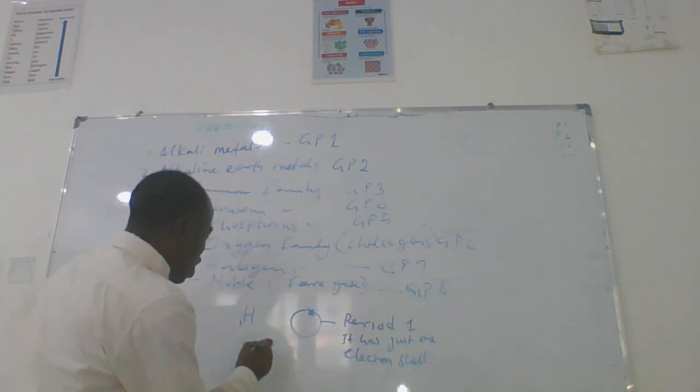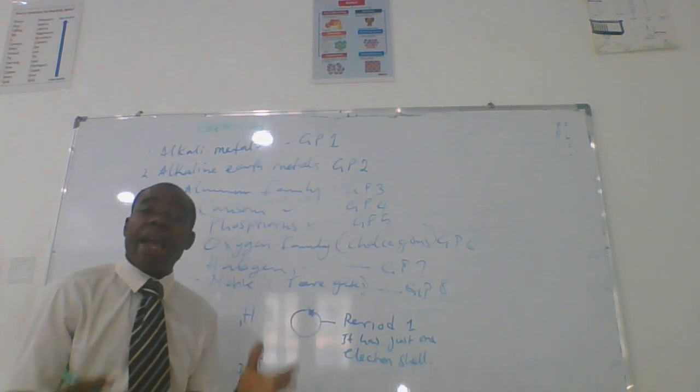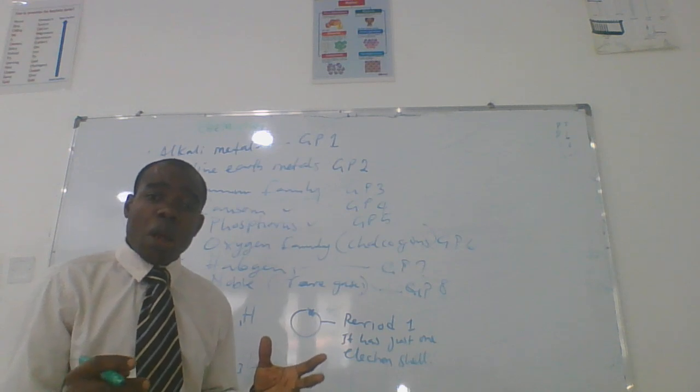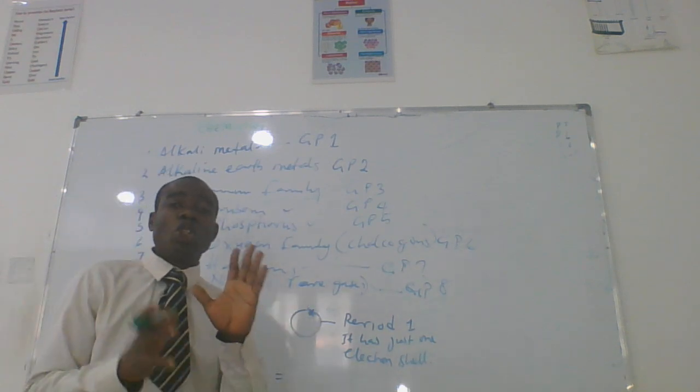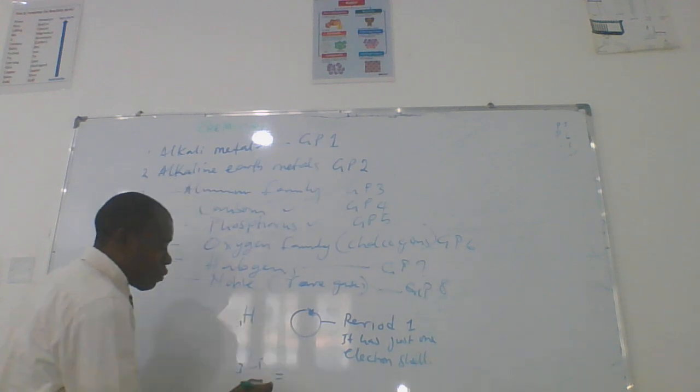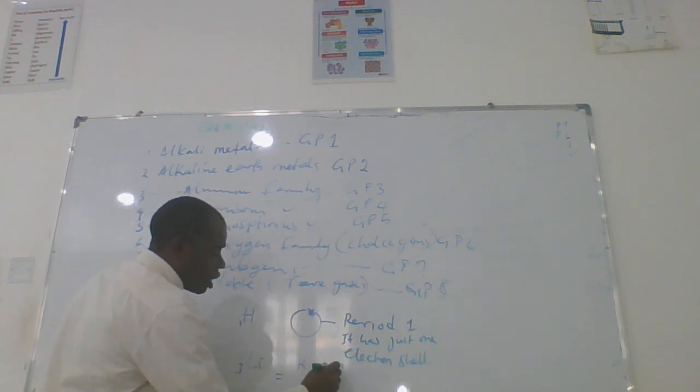Now let's look at it. Lithium, based on our energy levels, will occupy just 2 shells. The first one is called the K shell, and the second is the L shell.